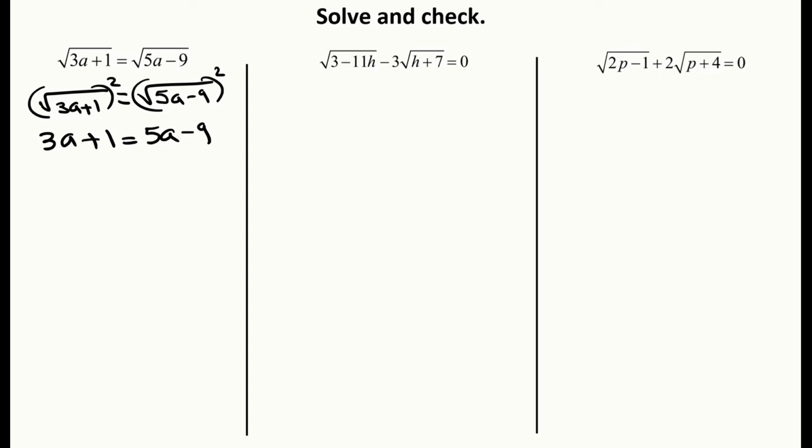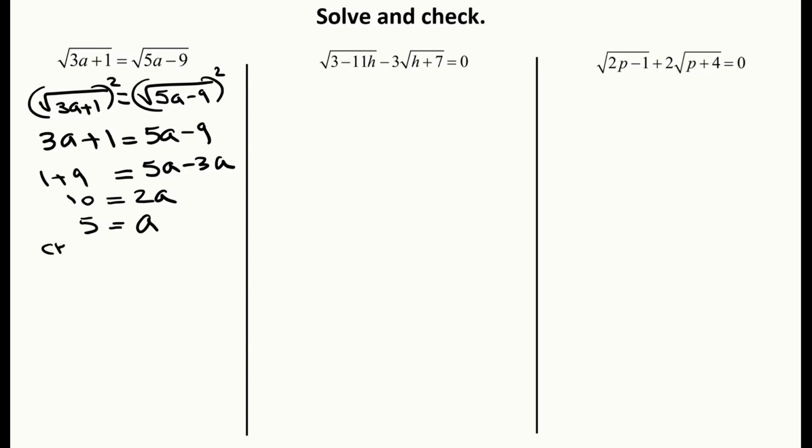And we simply need to solve that simple linear equation. So let's go ahead and move the 3a to the right side, and it becomes minus 3a. And we'll keep the 1 on the left side and bring the negative 9 to the left side, which becomes plus 9. So we end up with 10 equals 2a, so a equals 5.